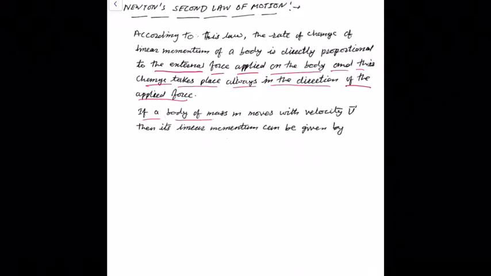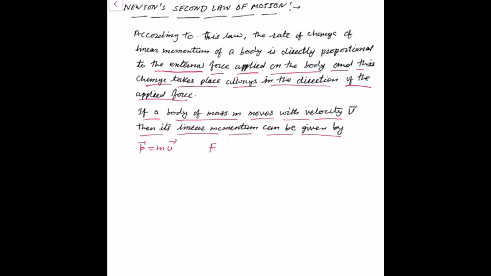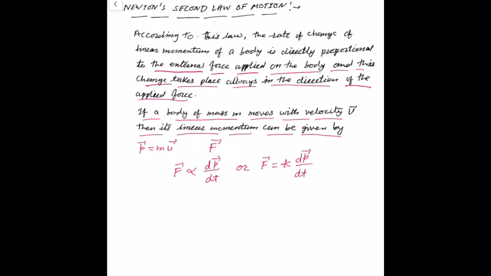If a body of mass small m moves with velocity v vector, then its linear momentum can be given by p is equal to m into v vector, and if force F vector is applied on a body, then F is proportional to dp vector upon dt, or we can write F is equal to k dp vector upon dt.